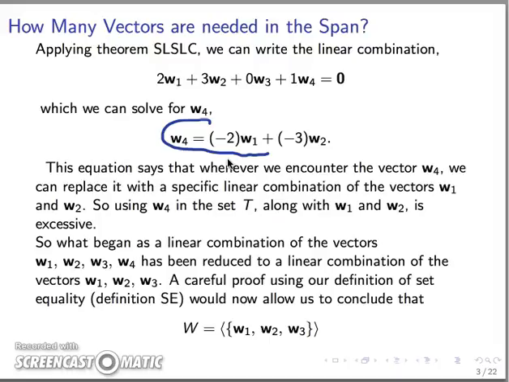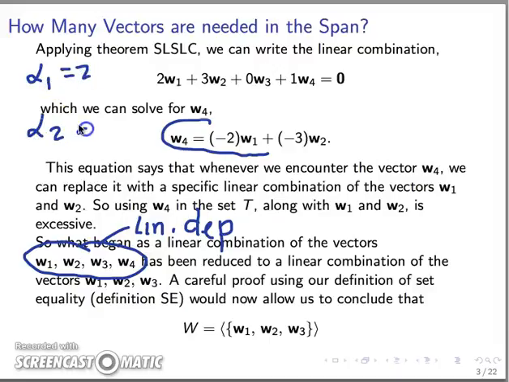Specifically in this example, the original set of vectors W1, W2, W3, W4 would be an example of a set that is linearly dependent because there is a non-trivial relation, meaning that there are scalars here, alpha 1 equals 2, alpha 2 equals 3, alpha 3 equals 0, and alpha 4 equals 1.